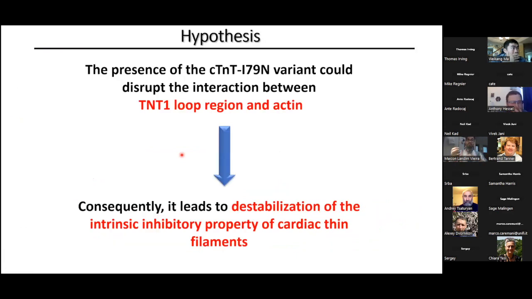So our hypothesis is that the presence of this I79 variant could disrupt the interaction between the TNT1 loop region and actin, and as a consequence, it will lead to the destabilization of the intrinsic inhibitory property of the cardiac thin filament.